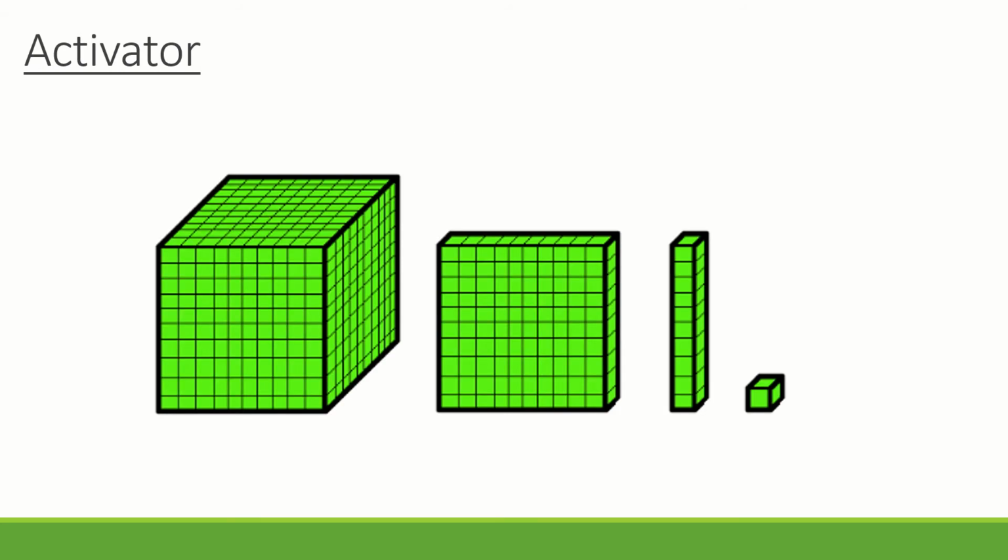For our activator, I want you to take about 20 seconds to silently analyze the blocks that are found on the screen. And I want you to think about how you've used them in the past, what they might be used to represent. And at this time, we will go ahead and start the clock.